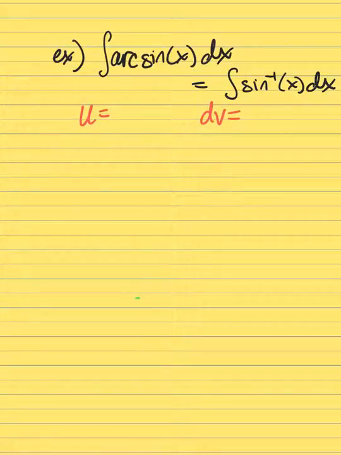Again, dv is something that has an antiderivative, so you can figure out the v. I don't know the antiderivative of sine inverse, but I should remember its derivative. So sine inverse becomes my u, not the dx part, just sine inverse of x, sorry.